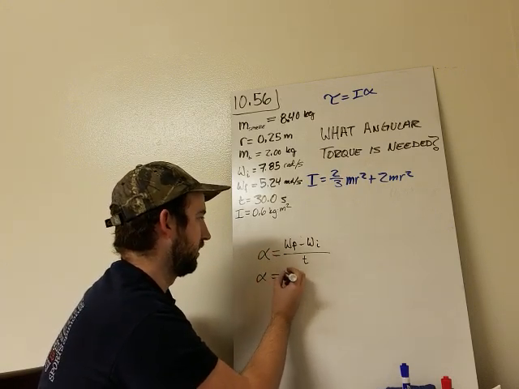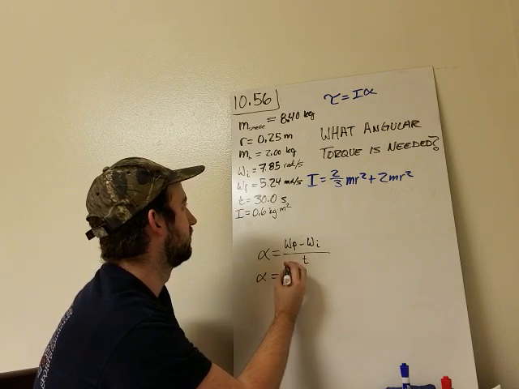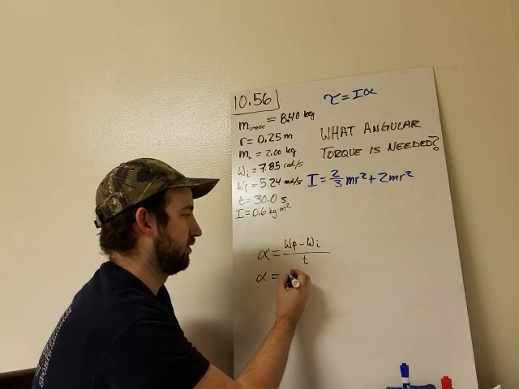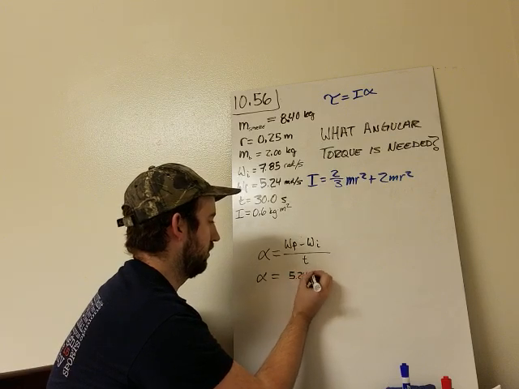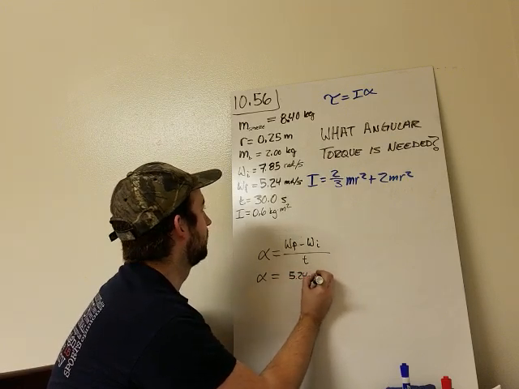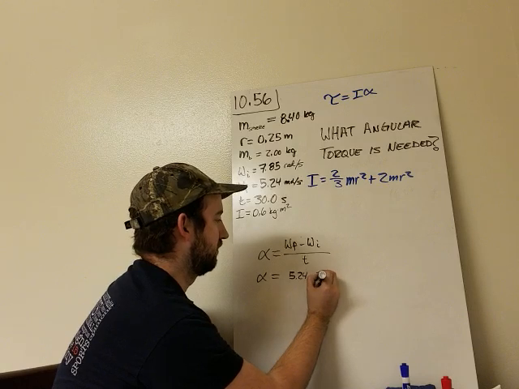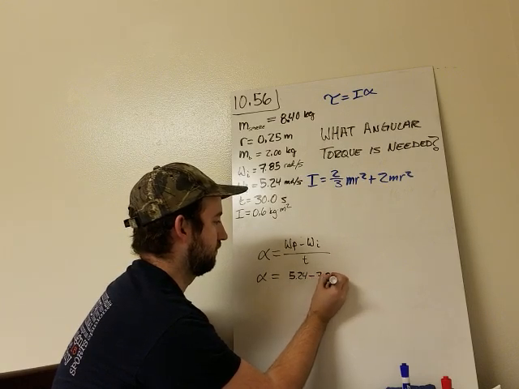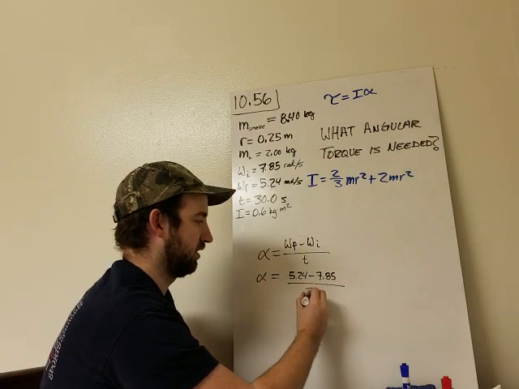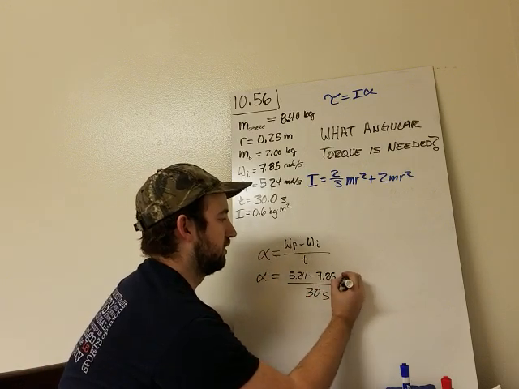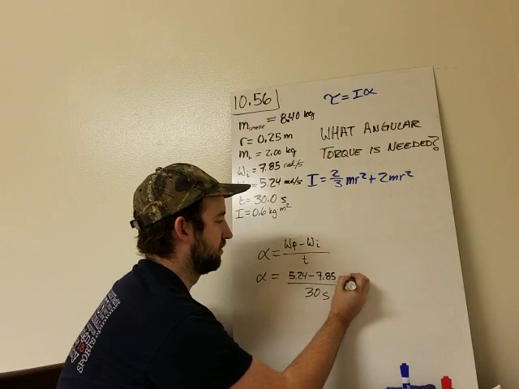Since we know these values, we can plug them in. It's going to be 5.24 minus 7.85 over our time, which is 30 seconds, and these are radians per second.